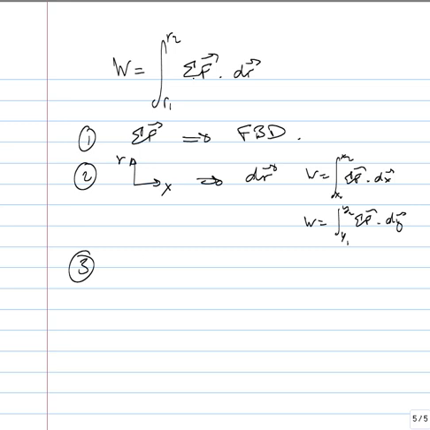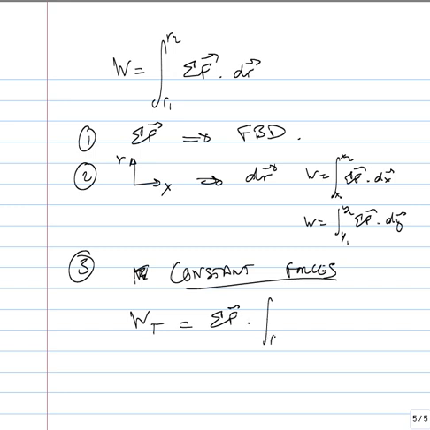So if they're all constant, once you have taken the dot product and figured out the direction and the minus sign and the angles, really you can take them out of the integral. So for constant forces, this definition of work can be reduced to the sum of the forces times the integral of dr from R1 to R2, and this is nothing else than delta r.